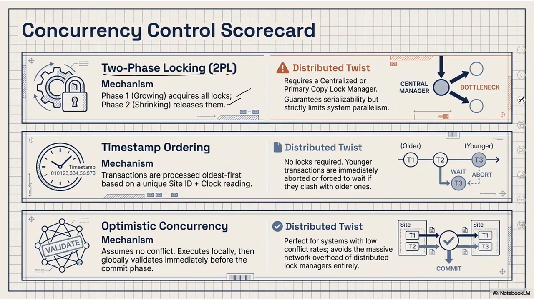We use these two phases of locking in our distributed database system. It requires a centralized or primary copy lock manager, and it guarantees serializability, but it strictly limits system parallelism.